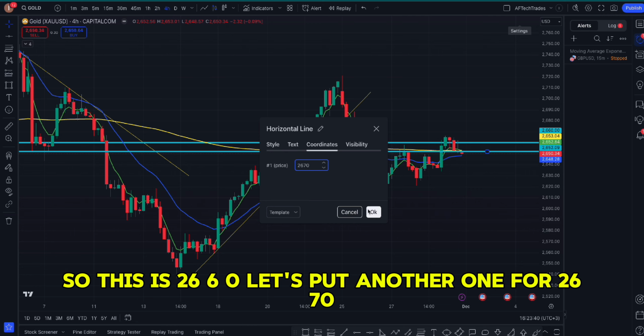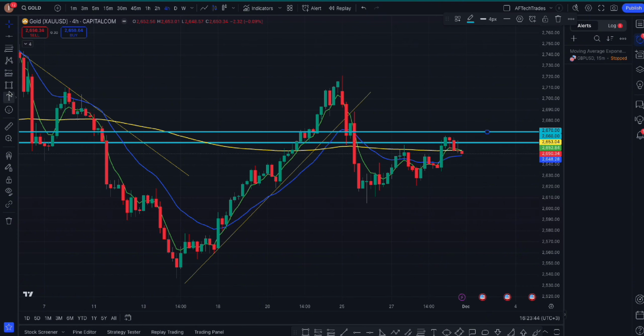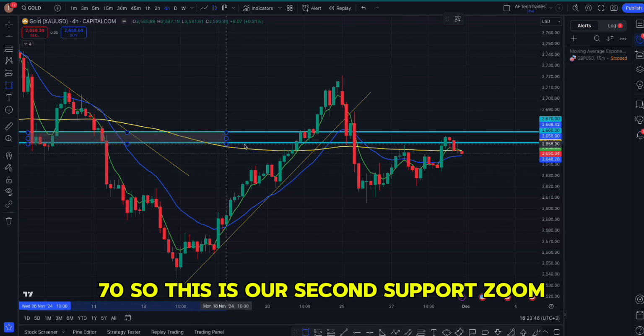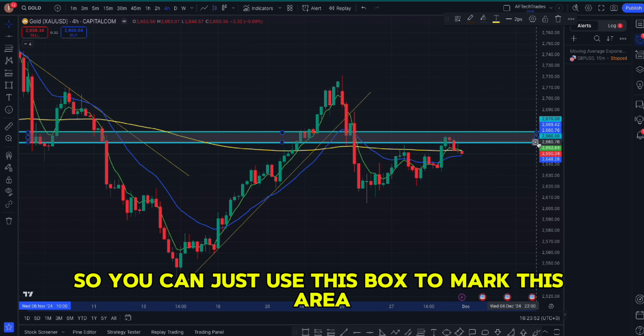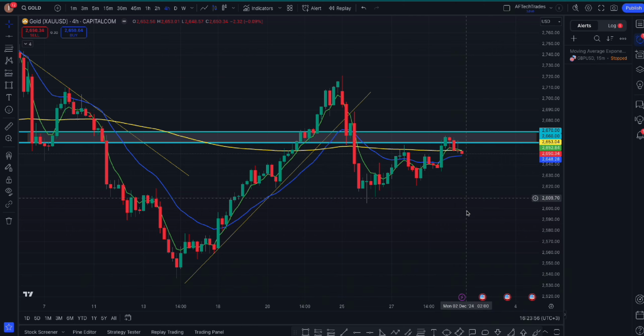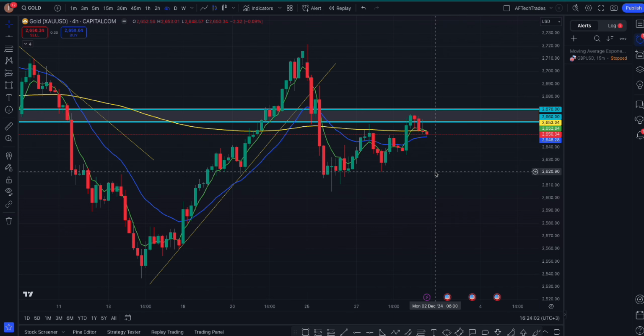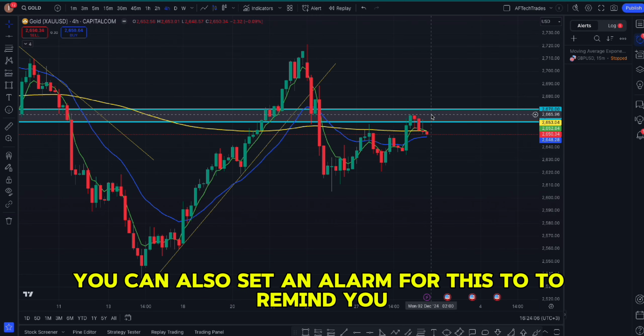So this is our second support zone. You can just use this box to mark this area so that it will highlight it for you to be aware. Remember, you can also set an alarm for this to remind you, on your phone or your system, that your market has gotten to this place.